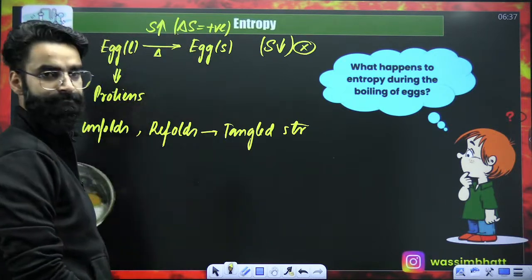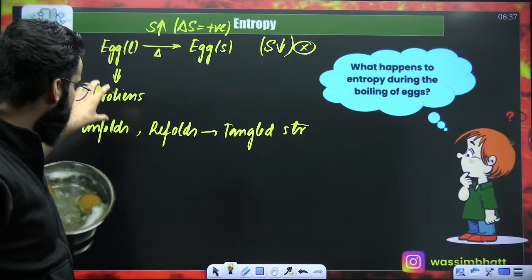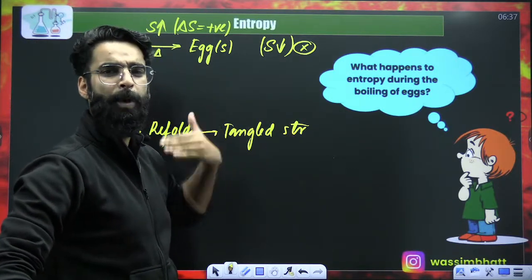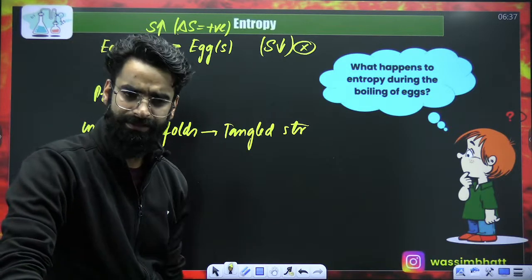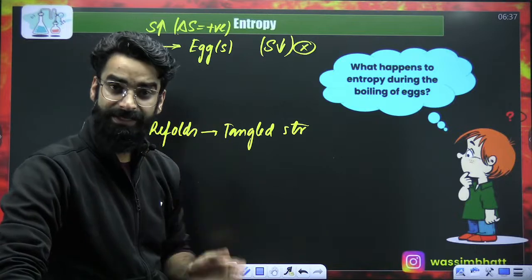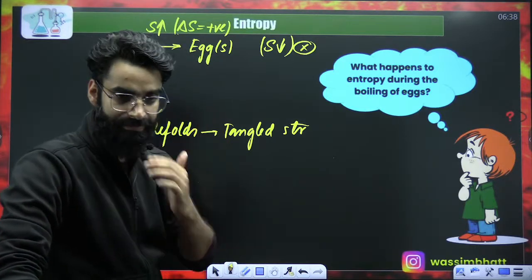When you heat the protein, it unfolds, then refolds, then becomes a tangled structure. So the overall complexity increases, the disorderness increases, and that means the entropy of the system increases.